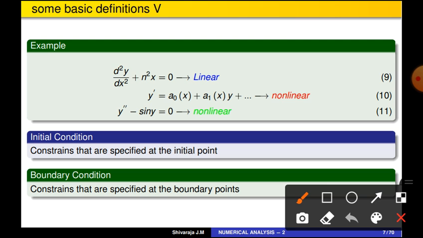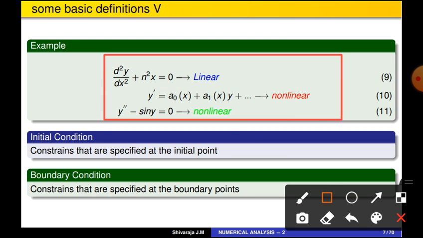These are some examples. d square x by dt square plus n square x equals 0: this is linear. The second one, y dash equals a naught x plus a1 xy: this is non-linear. And the next one, y double dash minus sin y equals 0: this is also non-linear.